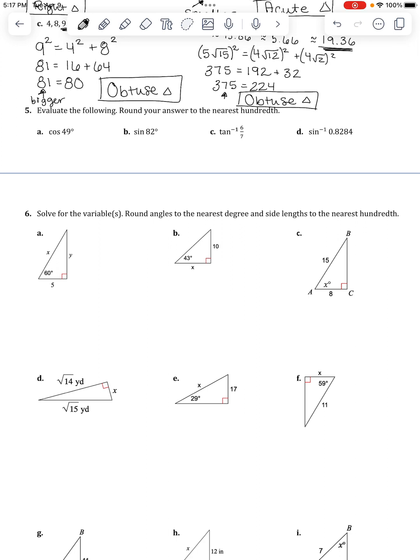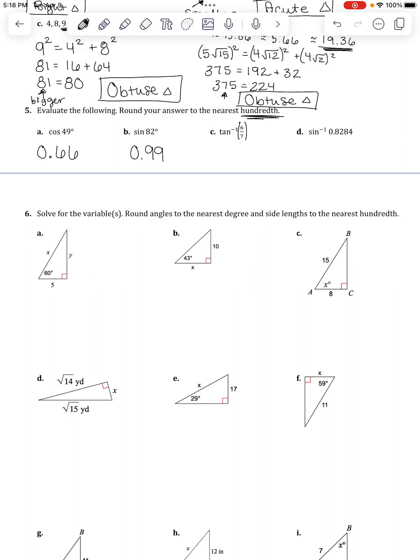Now, to evaluate the following literally just means type this into your calculator. Rounding to the nearest hundredth means 2 decimal places, so 0.66 here. Sine of 82, 0.99. Neither of those is an angle. Trig goes of an angle, does not give you an angle.